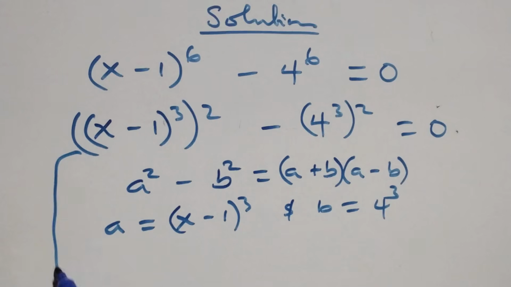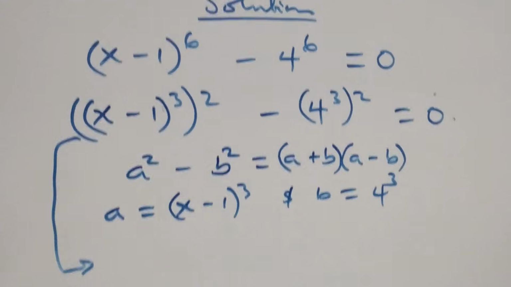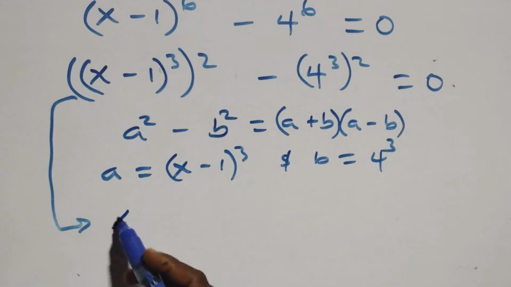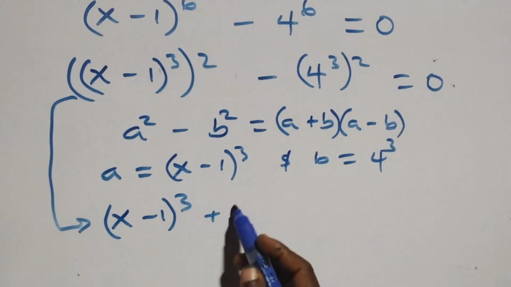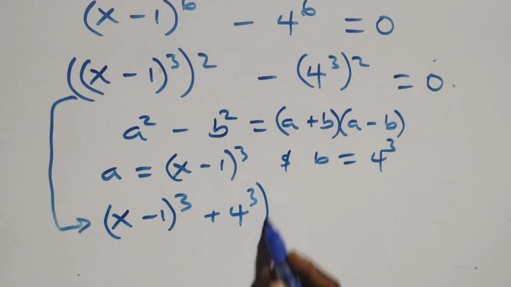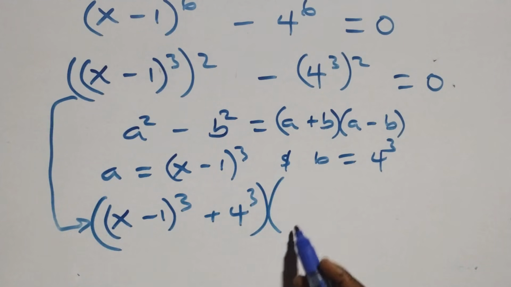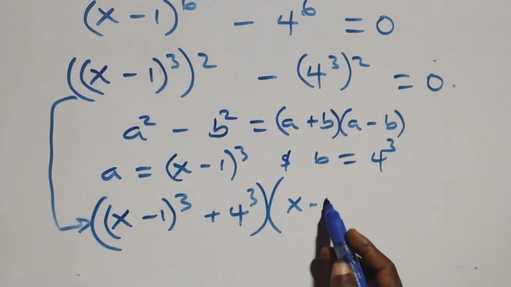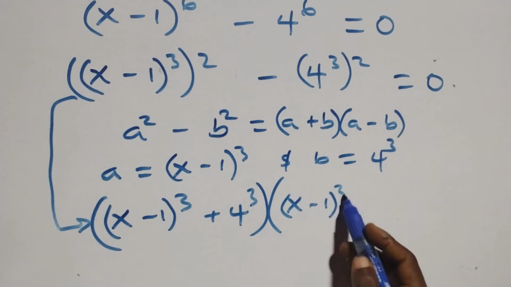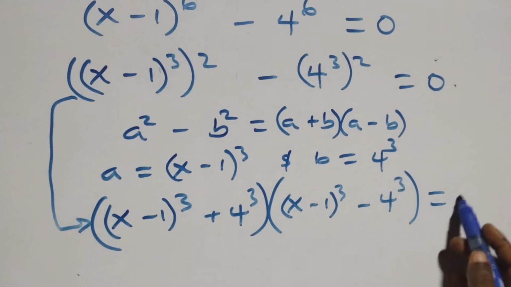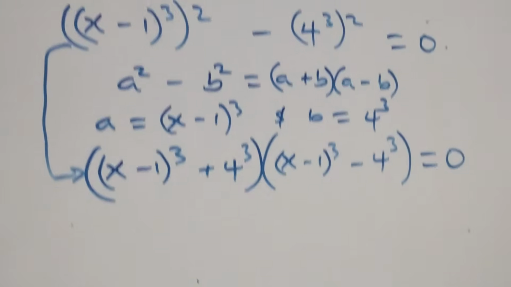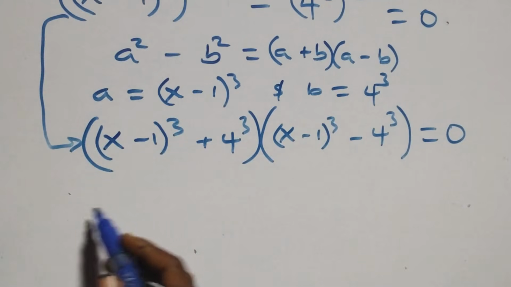That is, all we have here becomes ((x minus 1) all raised to power 3 plus 4 raised to power 3) into ((x minus 1) all raised to power 3 minus 4 raised to power 3) equals to 0 here. Then here we have two possible cases.